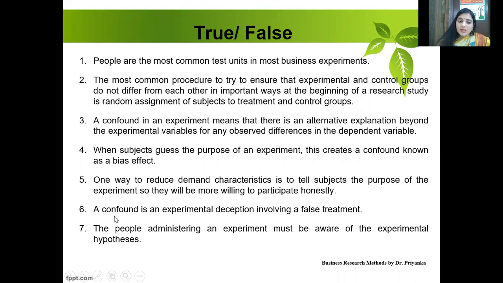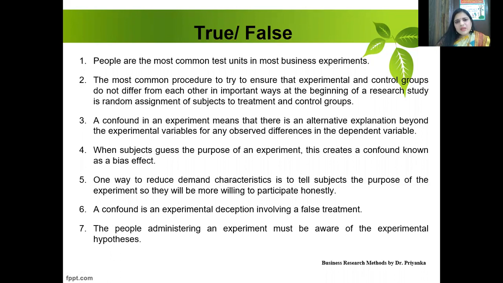Sixth, a confound is an experiment deception involving a false treatment. Is it? No, this is actually a placebo effect. So it is false. Then last, the people administering an experiment must be aware of the experimental hypothesis. Is it?